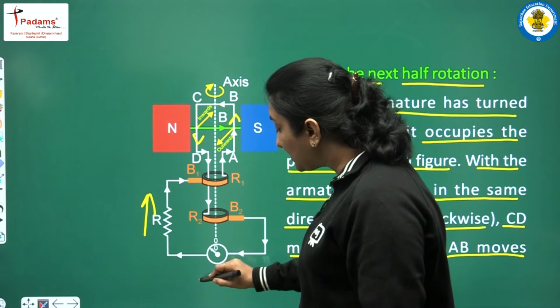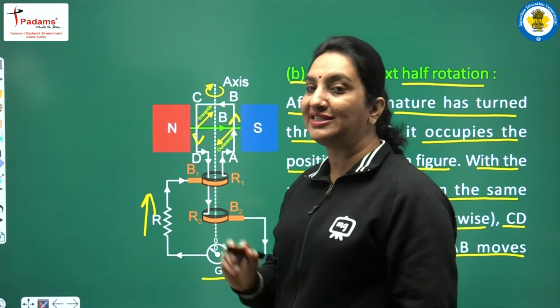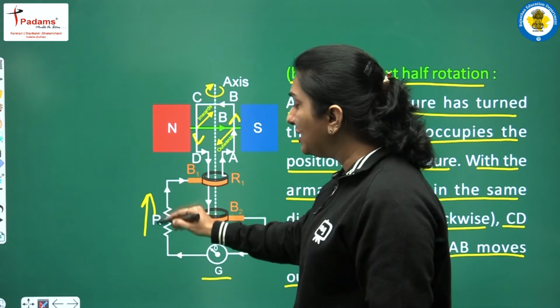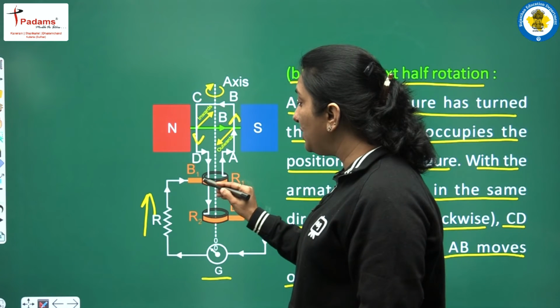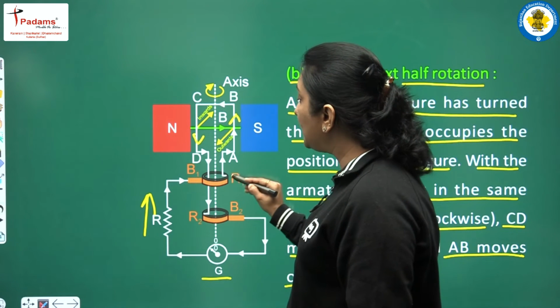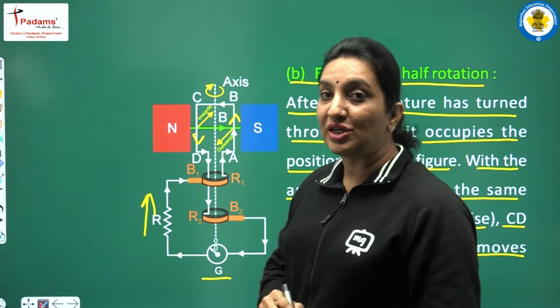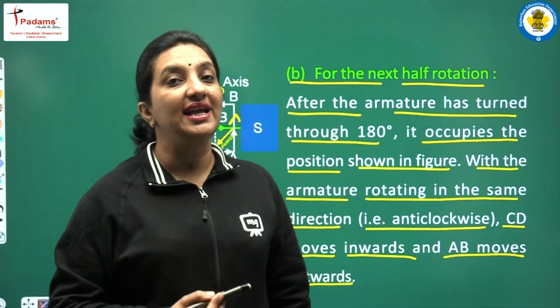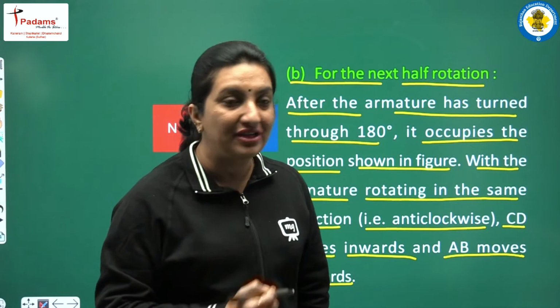So the galvanometer will show deflection on the left hand side, and now the current will enter the slip ring R1 through the brush B1, and since this R1 is connected to the AB arm, the current will flow like this. So in the external circuit the direction of current has reversed.